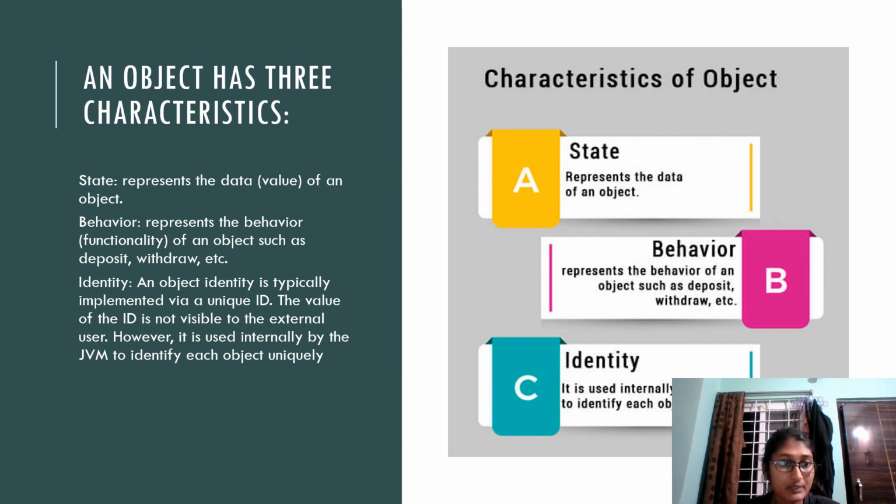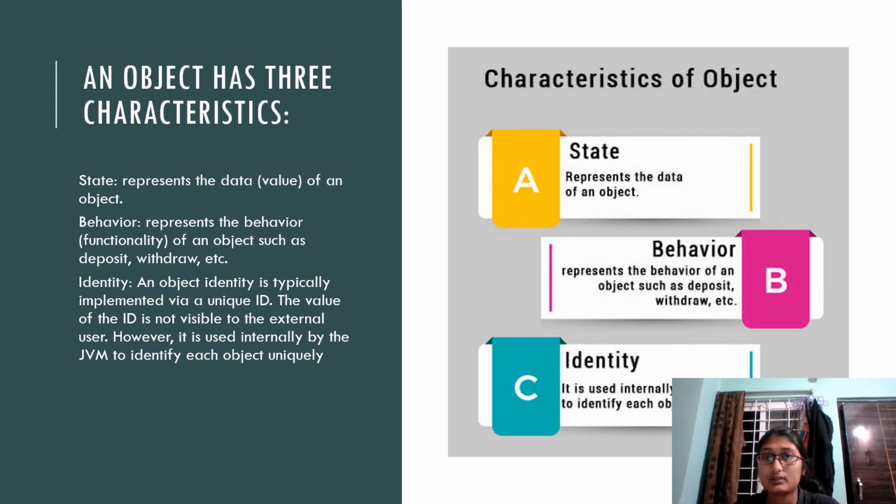Behavior represents the functionality of an object, such as deposit, withdraw, etc. Identity: an object identity is typically implemented via a unique ID. The value of the ID is not visible to the external user; however, it is used internally by the JVM to identify each object uniquely.